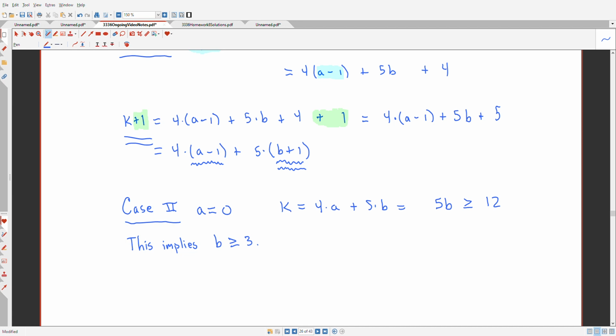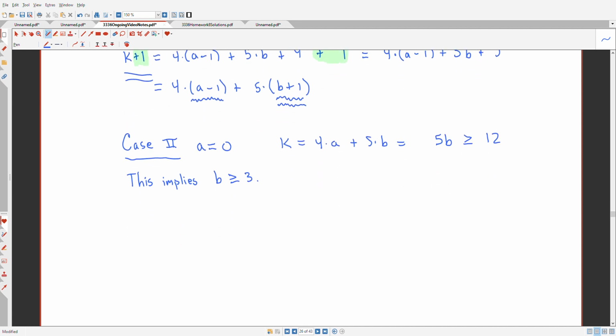So now what I'm going to do is just note that k plus 1 is equal to 4 cent stamps plus b minus 3, I'll write it this way, plus b minus 3 5-cent stamps.